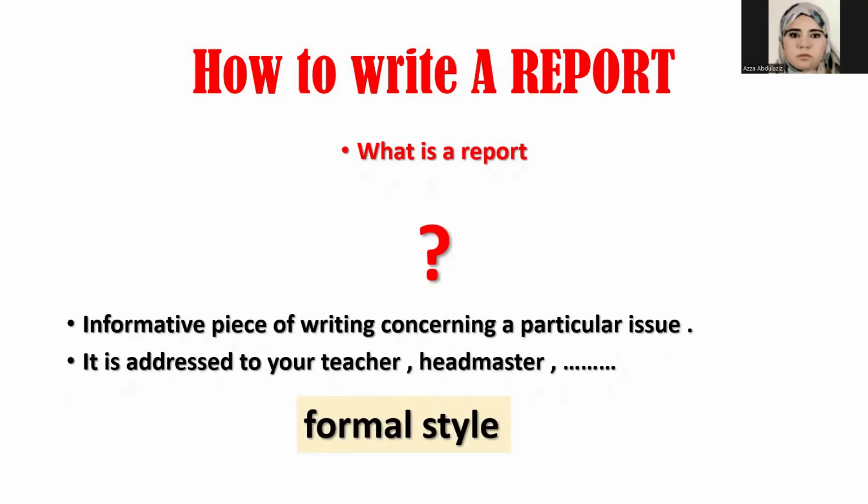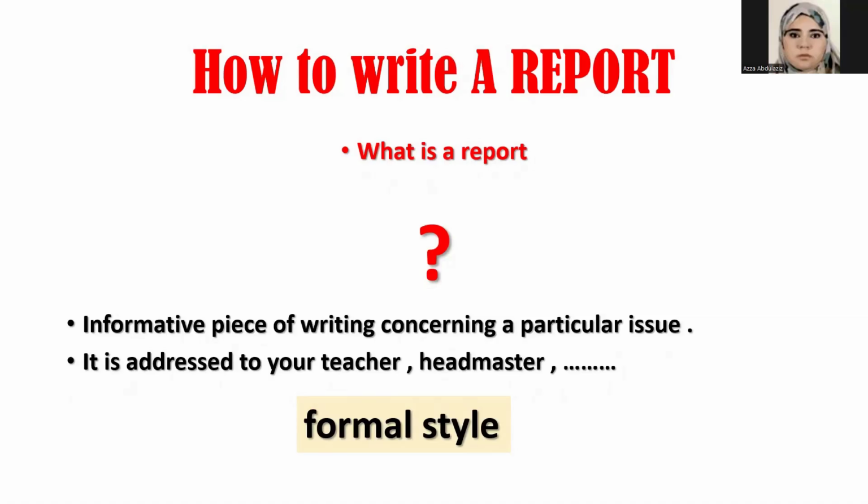But what do we mean by a formal style? It means you should use complex sentences, you should use passive, and you should use linking words and phrases, and at the same time avoid using any colloquial English. Okay?